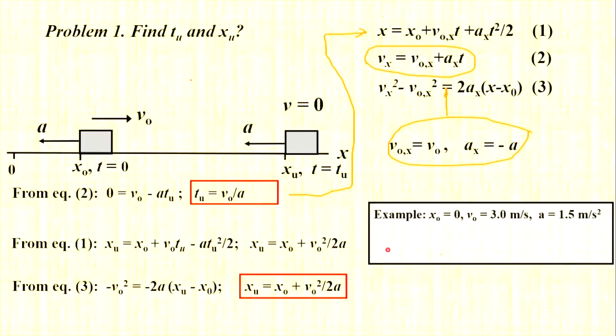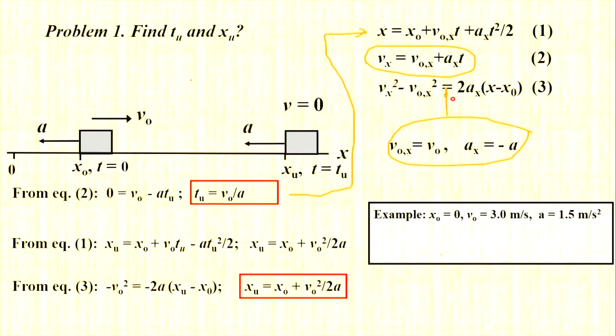As an example, we consider the following initial conditions. Let's suppose that at initial time x0 is 0, initial velocity is 3.0 meters per second, and magnitude of acceleration is 1.5 meters per second squared.